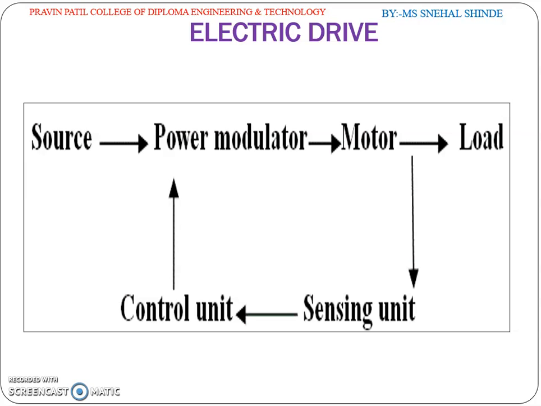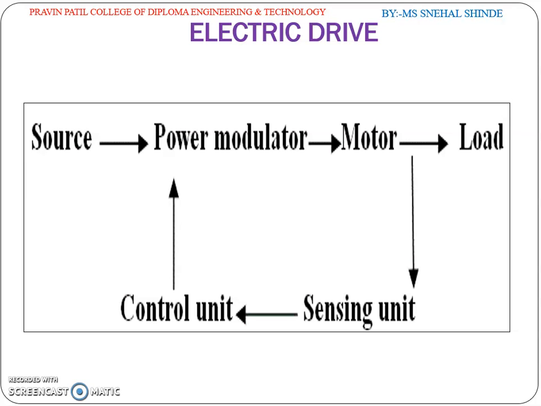A variety of different types is available for this drive with the effective control mechanism. A large number of equipment for domestic and industrial applications make use of electric motors.